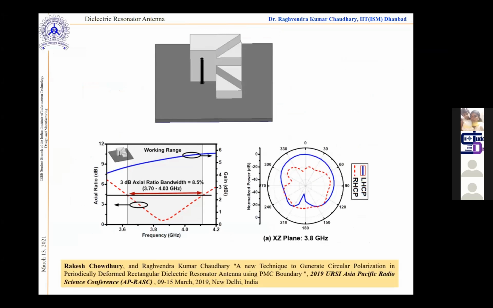We also checked this concept, the staircase system, with a rectangular shape, and we got the same performance. So this is a well-proven concept. Even you can go with some other geometries also, and you are free to use these.